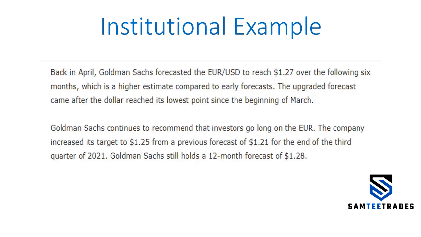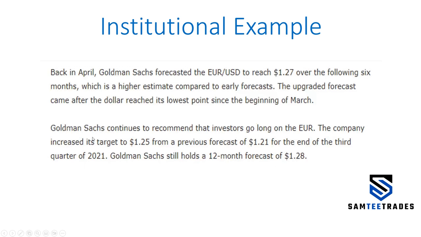If you look at your chart, that would be 1.2700. If you look at the bottom, it also says that they recommend that investors go long on the euro, and the company increased its targets from a previous 1.2100 to 1.2500. So you can notice how they are round numbers. They're not dealing with 0.6394, it is the whole number.